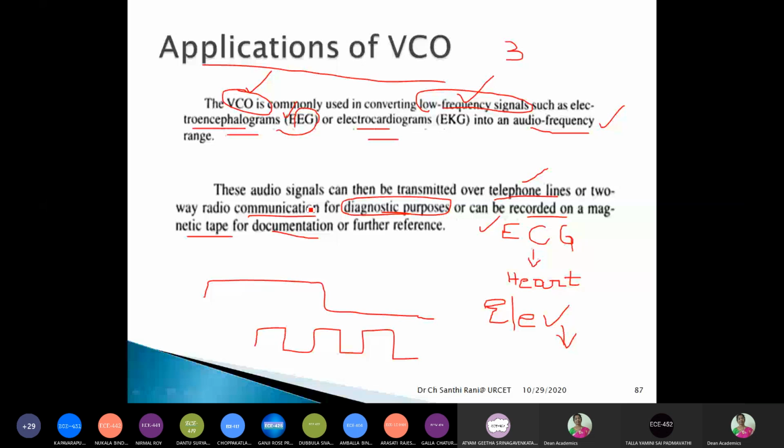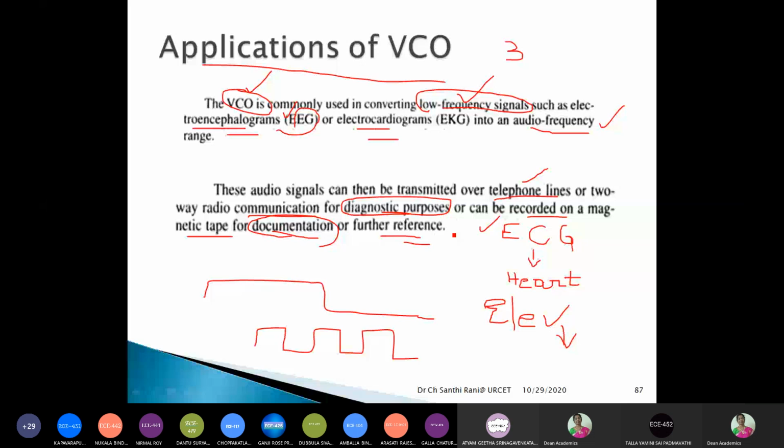After that, these audio signals can be transmitted over telephone lines, or communicated via radio for diagnostic purpose, or recorded on a magnetic tape for documentation. Next time when the patient goes, they will ask, where is your previous ECG? Then for reference, it will be kept as a document in their file, and can be referred to in future.